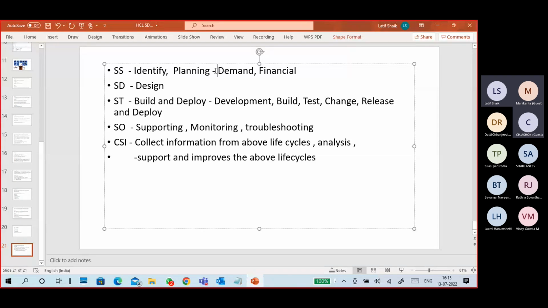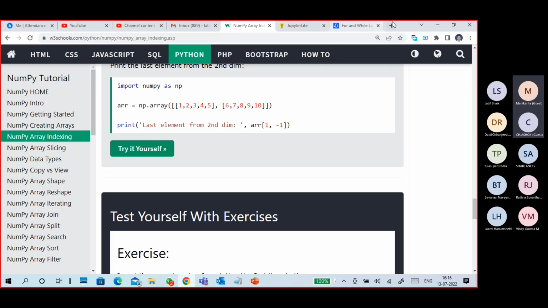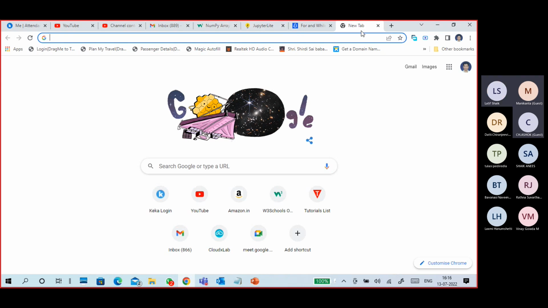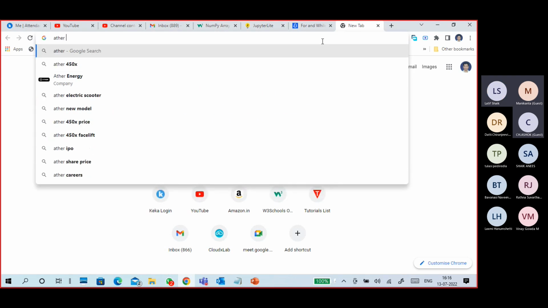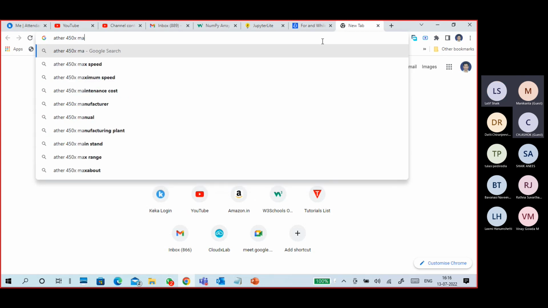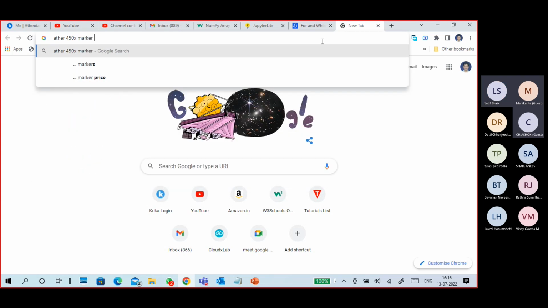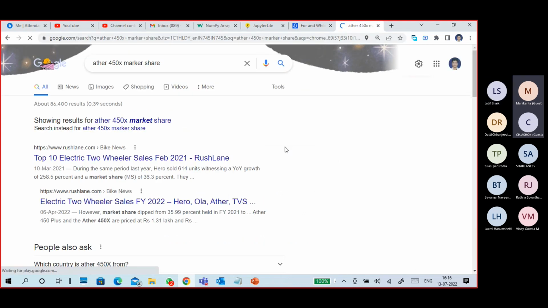So what is the demand for this product? Already this kind of product and service is in the market, so what is your market share? What is your going to be market share? For example, Ola bikes came into the market.